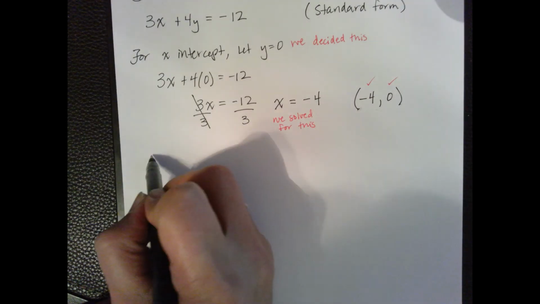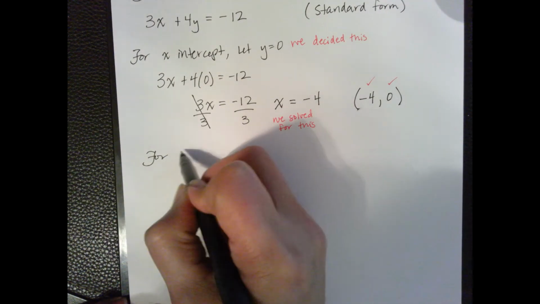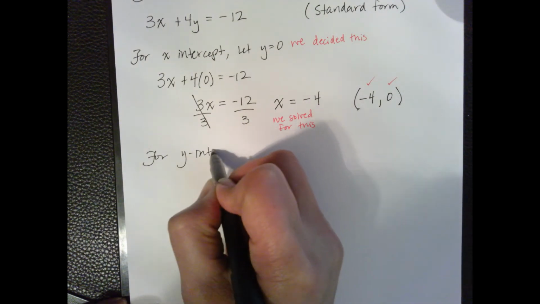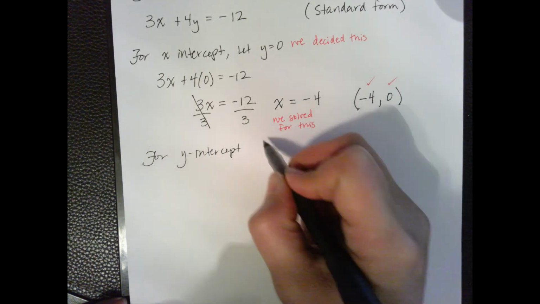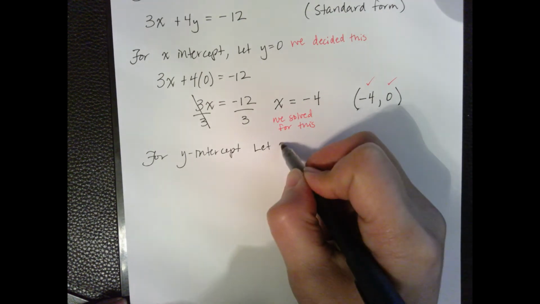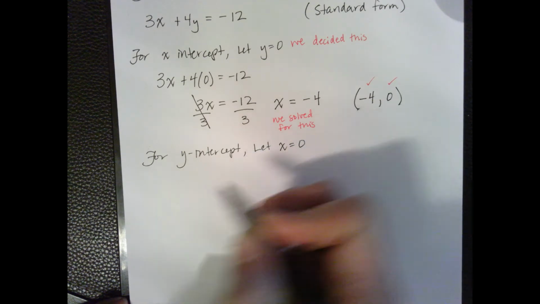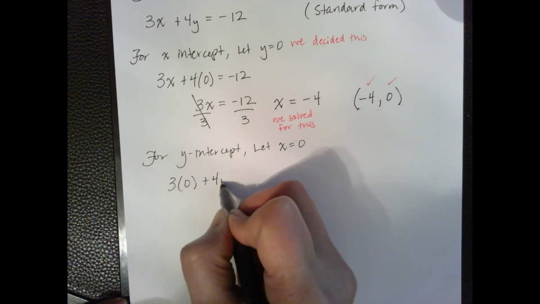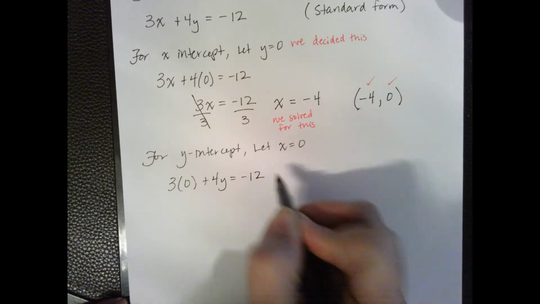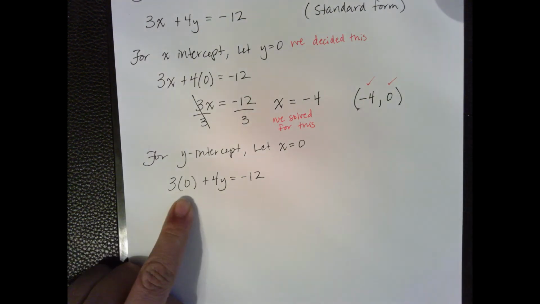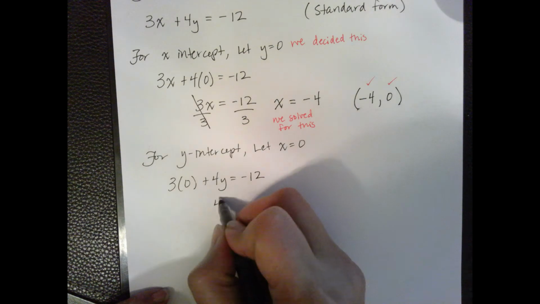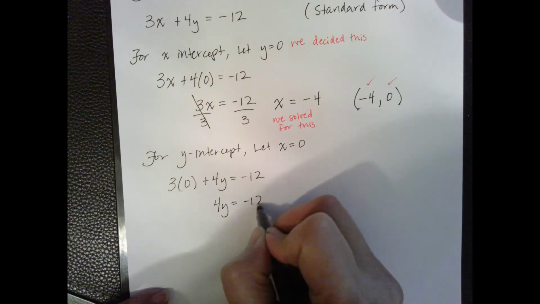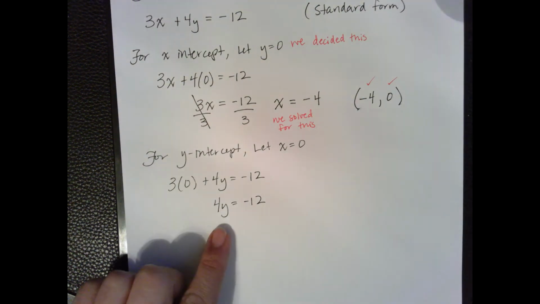For the y-intercept, we let x equals 0. So we're looking at 3 times 0 plus 4y equals negative 12. 3 times 0 is just 0, so we're looking at 4y equals negative 12. Then I get y by itself.